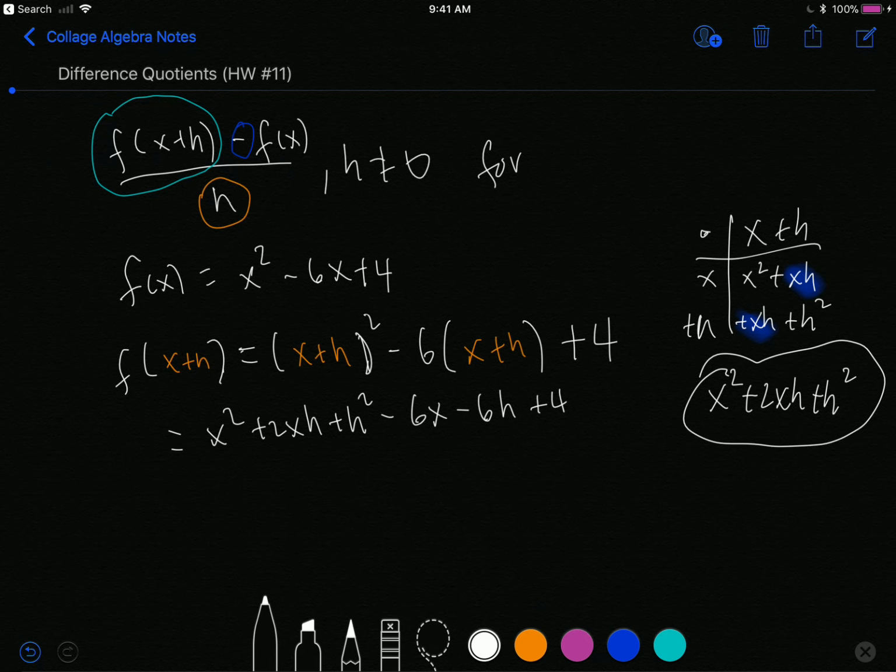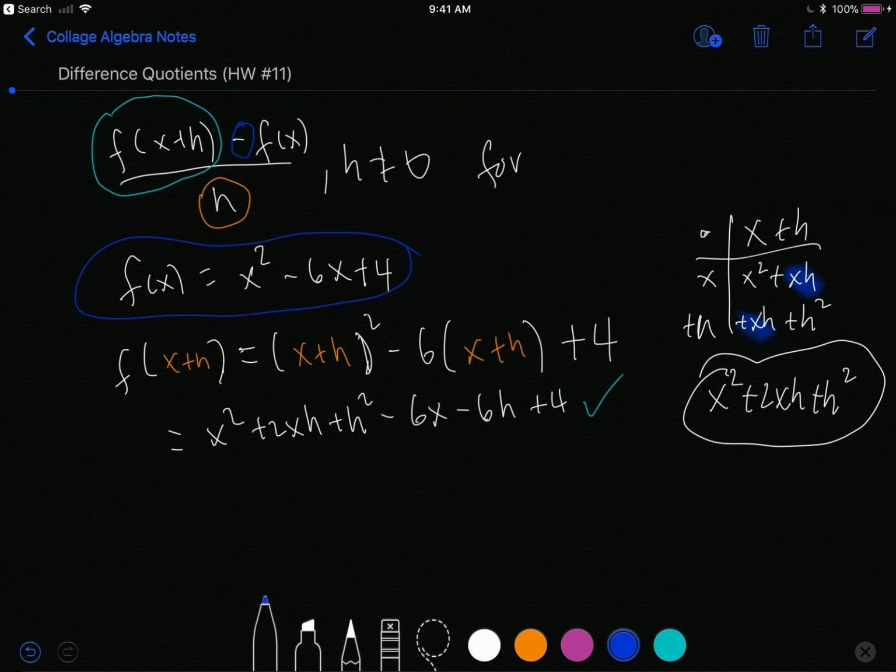If you've done this correctly when you're finding f of x plus h, you will note that you have no like terms. So that's the end of part 1. We have found f of x plus h. The next step is to subtract f of x.